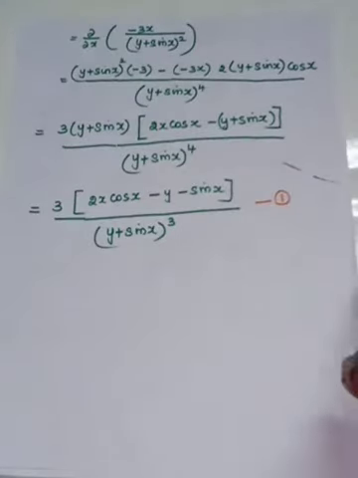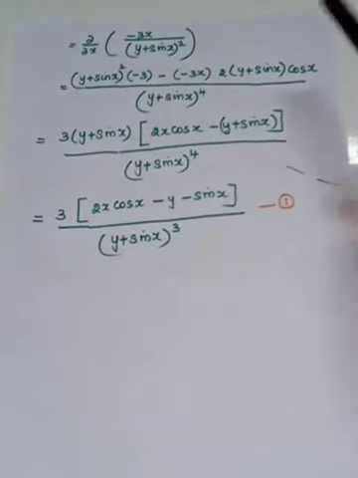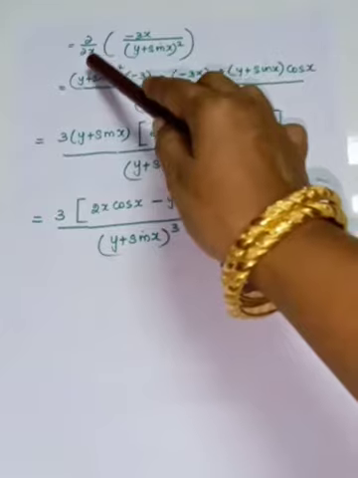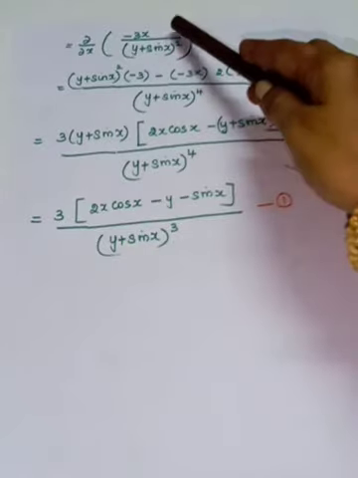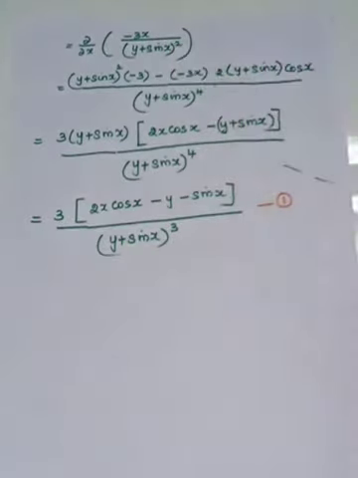Look at this. So you have to differentiate the whole thing partially with respect to x. Numerator as well as the denominator, you are having x term. So when you go for the differentiation, you have to use the quotient rule.